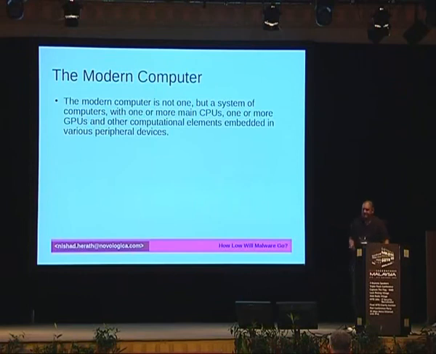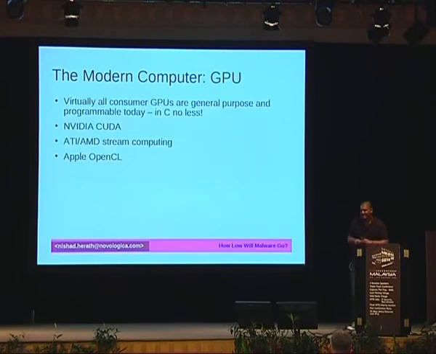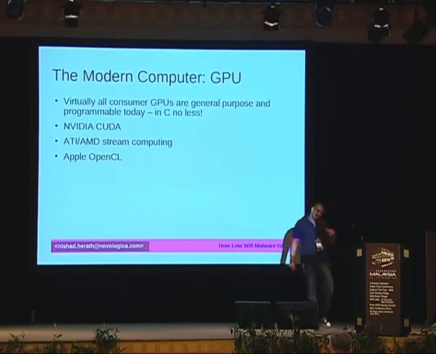Now, one of the interesting things about this scenario is that all these computational elements have been evolving over the past decade or so. Back in the day, when you got your peripheral devices, most of them were custom ASICs.